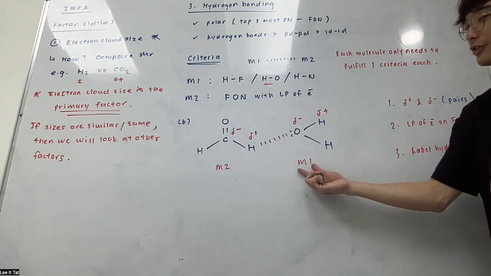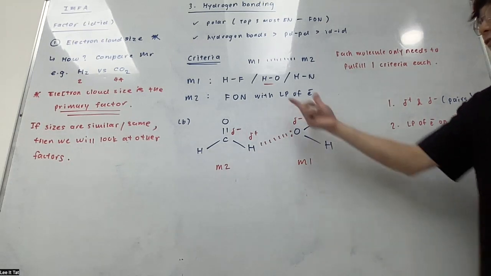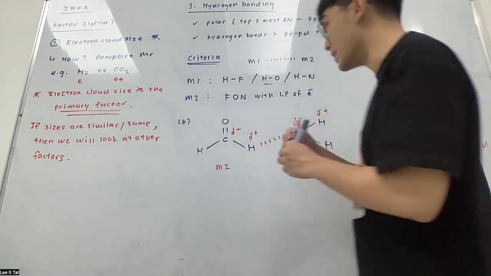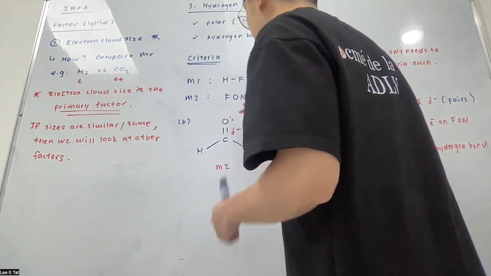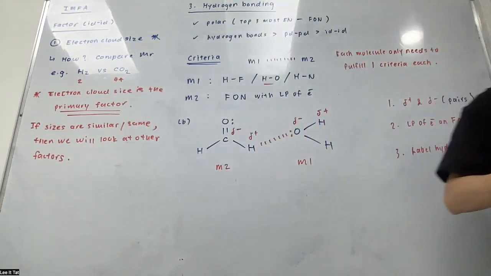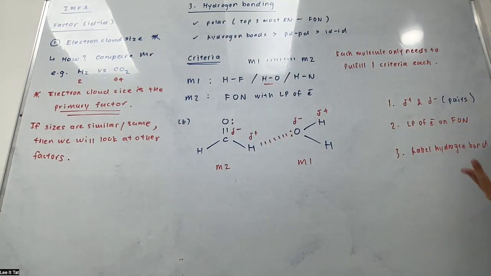You already mentioned that water must have criteria 1, nothing to do with the lone pair. The lone pair is supposed to be on this oxygen. Why is it not involved in the hydrogen bonding? That's one problem. What's another problem? There are many problems here.